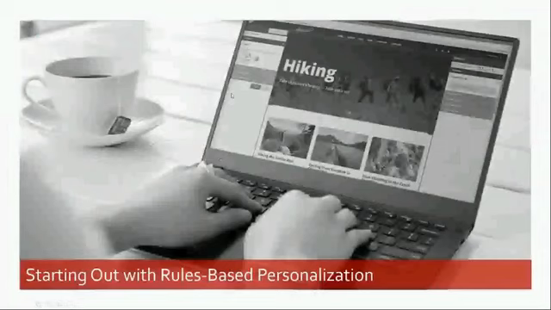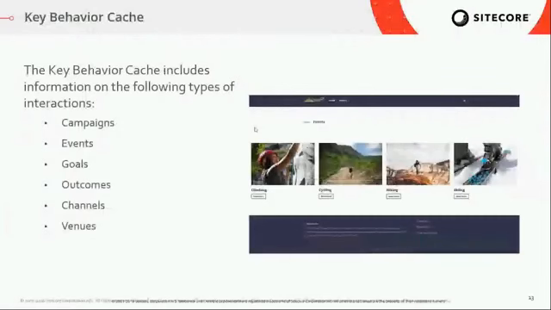So this is just a repeat of some of the information about rules-based personalization, but I do want to point out that with Sitecore, we have the key behavior cache. And it allows us to have information all about campaigns, events, goals, outcomes, channels, venues.